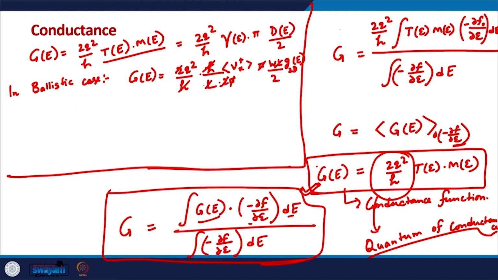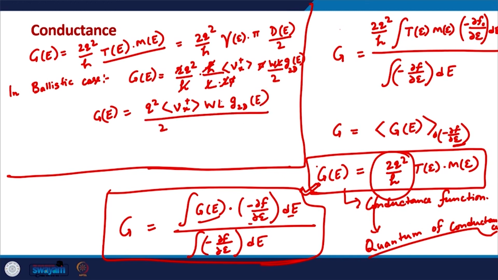What we are left with is L by L. So, G(E) is essentially q square times the average velocity in the x direction times G2D(E) by 2.